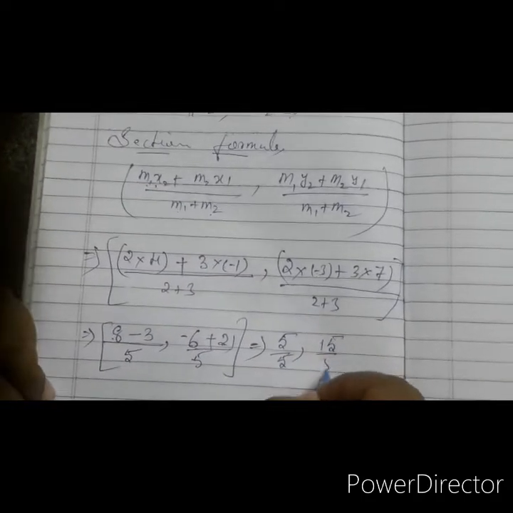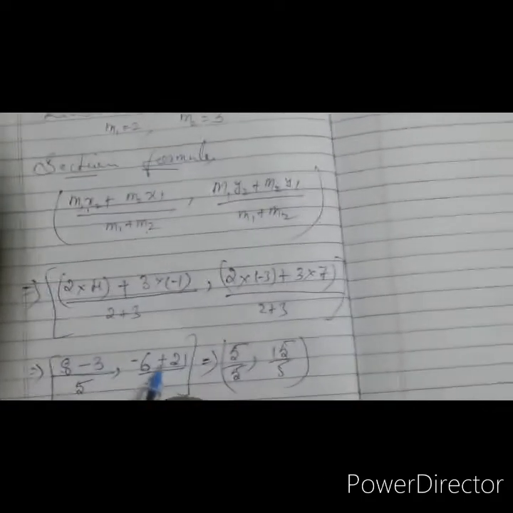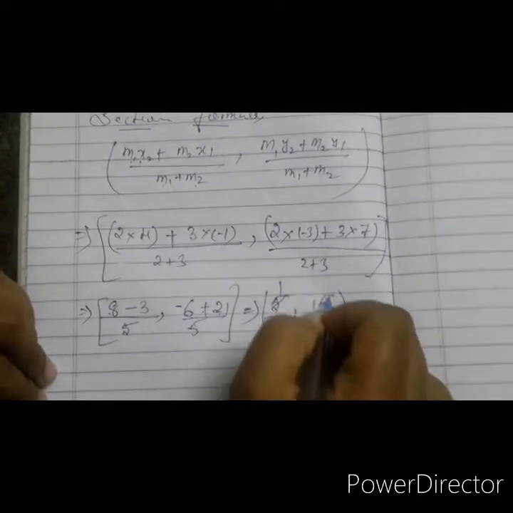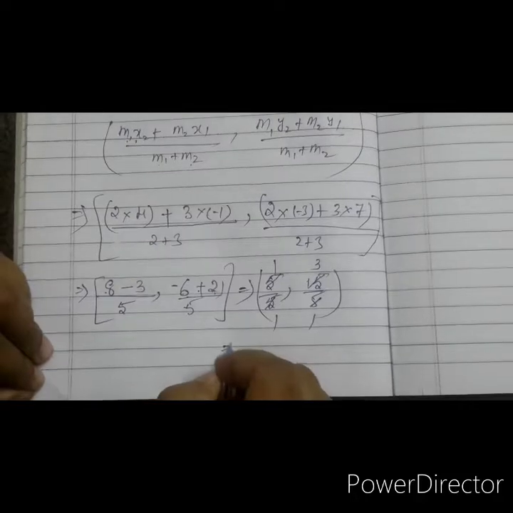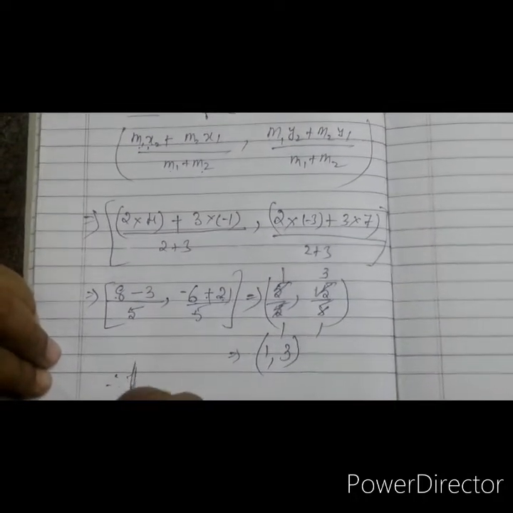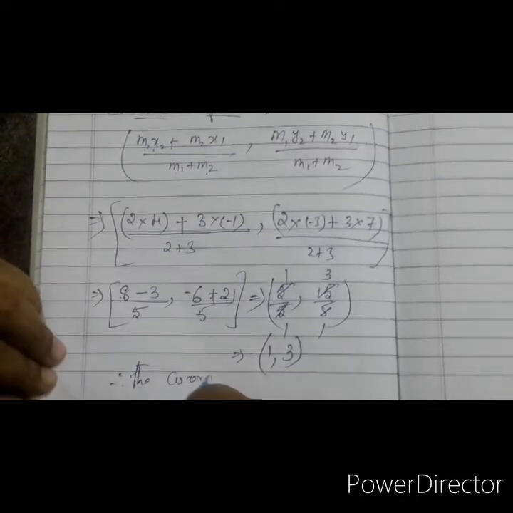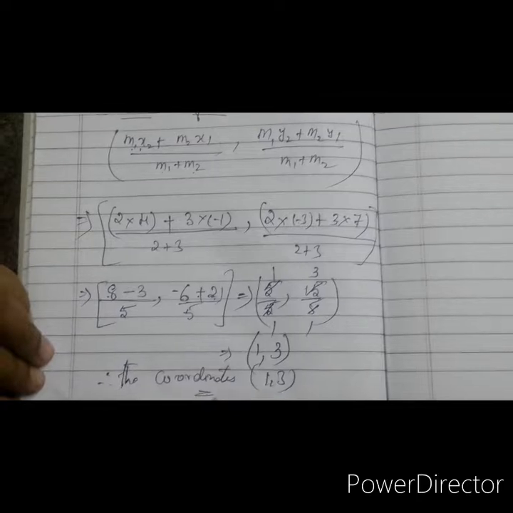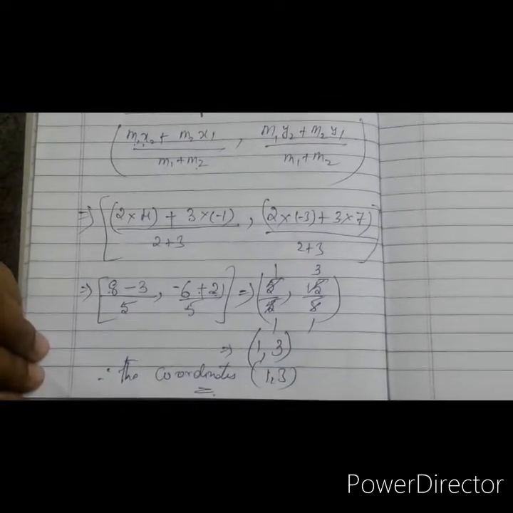Positive 15. Why? Because the bigger number's sign is positive. Cancel. 5 1s are 5. 5 3s are 15. What are the coordinates? 1, 3. Therefore, the coordinates are (1, 3). Are you able to understand the problem? Okay.